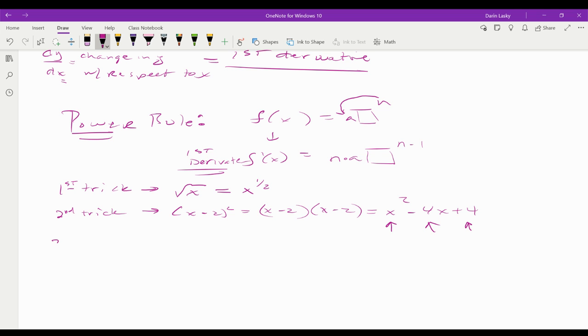I'm going to go back to our roots here just to remind you guys. Third trick is when you have something like this. This is the bottom of the denominator, so this would be x to the 2/3, and then you can apply it from there.